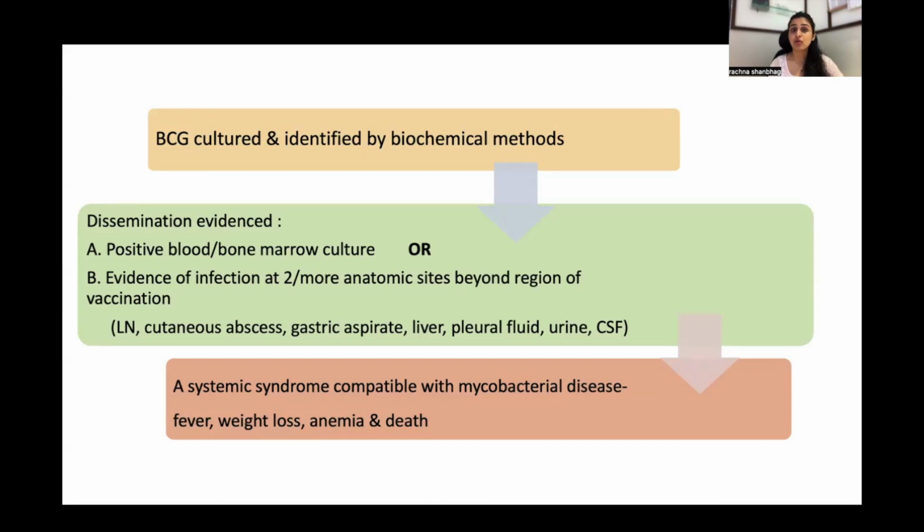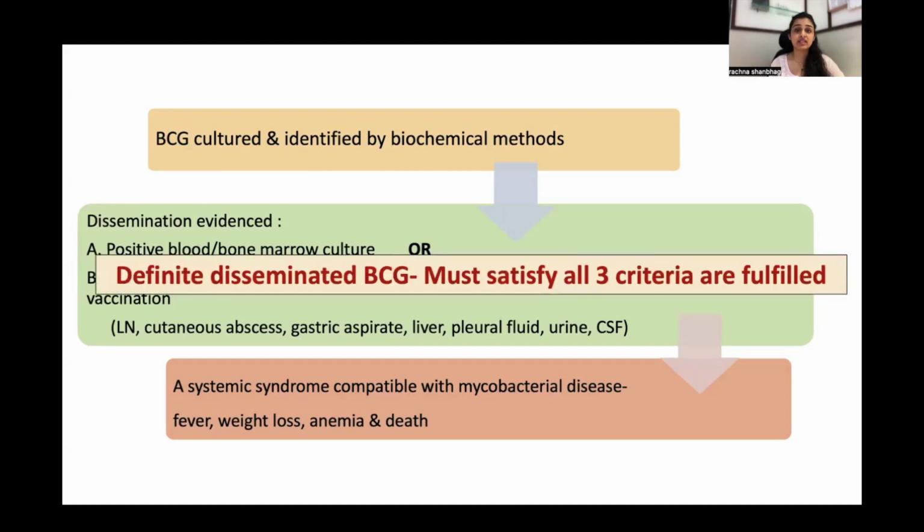That can be in the form of a lymph node, cutaneous abscess, gastric aspirate, etc. This, along with presence of a systemic syndrome compatible with mycobacterial disease in the form of fever, weight loss, anemia, etc. And when we satisfy 3 criteria, we call this definite disseminated BCG infection.